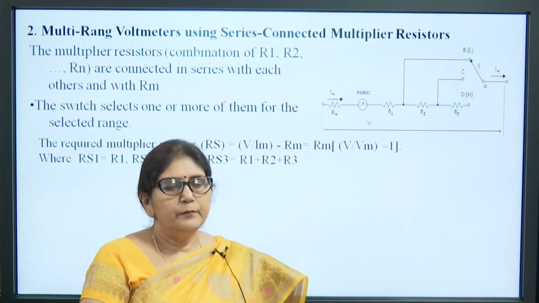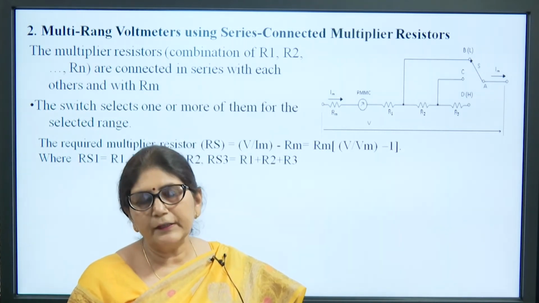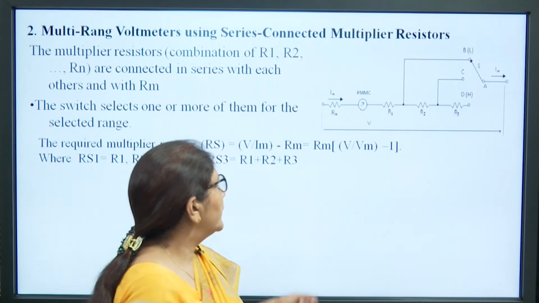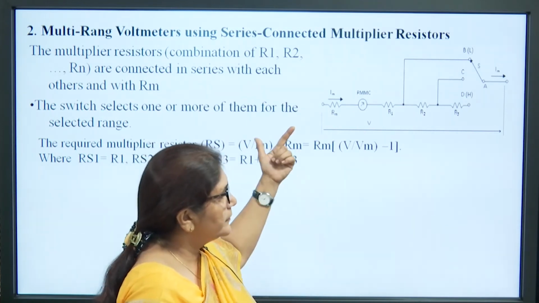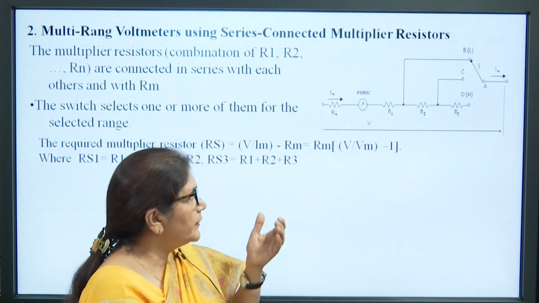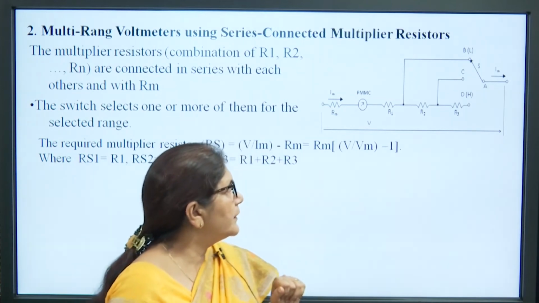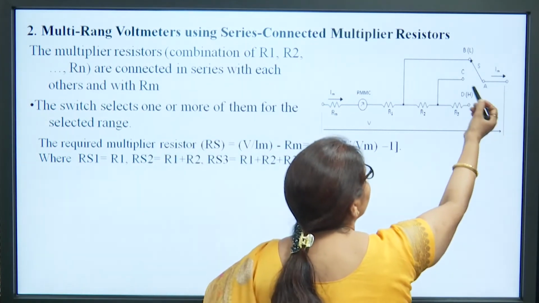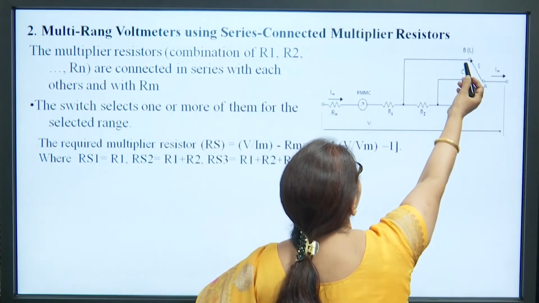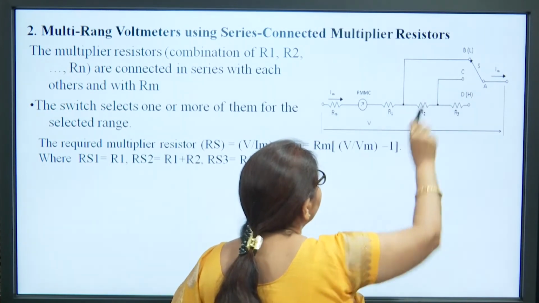Now, the second multi-range voltmeter uses series connected multiple resistors. In the previous type of multiplier, the resistors are used in parallel to each other. Here the resistances are used in series with each other, and there is a switch. When the switch is at this position, only Rm and R1 are connected in series.